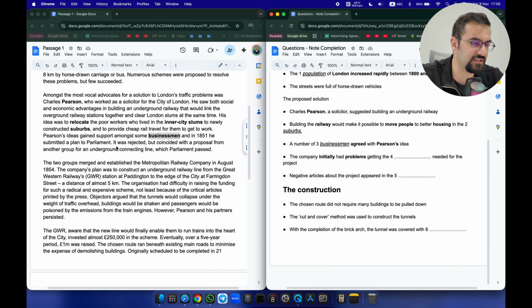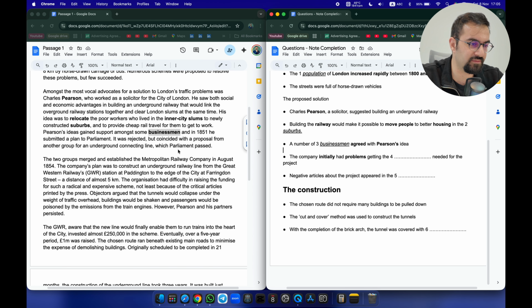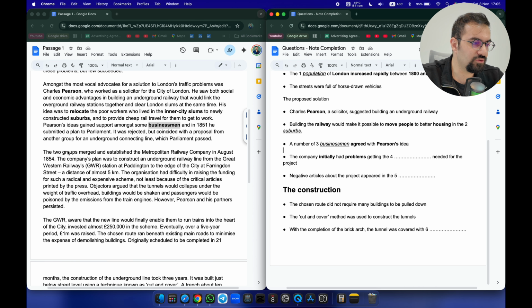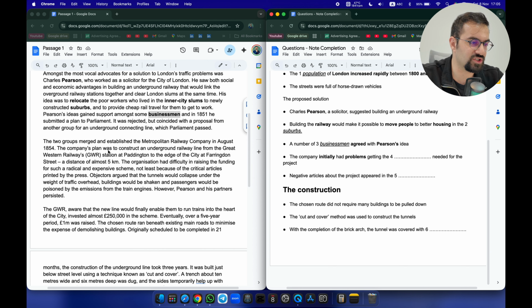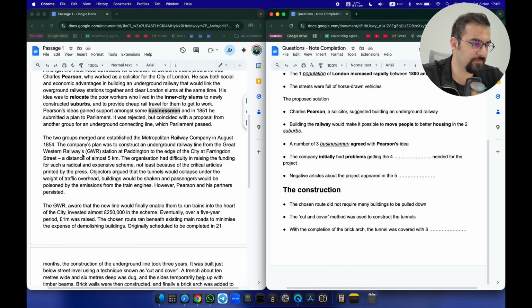And we continue reading. It was rejected, but coincided with a proposal from another group for an underground connecting line, which Parliament passed. The two groups merged and established the Metropolitan Railway Company in August 1854. The company's plan was to construct an underground railway line from the Great Western Railways station at Paddington to the edge of the city at Farringdon Street, a distance of almost 5 kilometers.